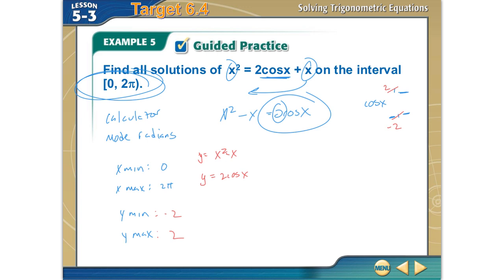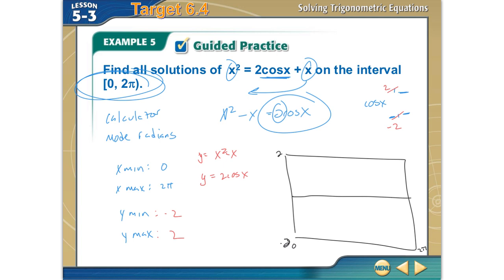Okay, so let's see how neatly I can draw this. On our calculator, here's our little screen. We're going from 0 to 2 pi on the x-axis, and -2 to +2 on the y-axis. Our x-axis runs down the middle here. Now our cosine function, we'll do in blue, starts up in this corner here, and then in the middle of the graph, it comes down to the bottom, and then it ends back up at the top there.